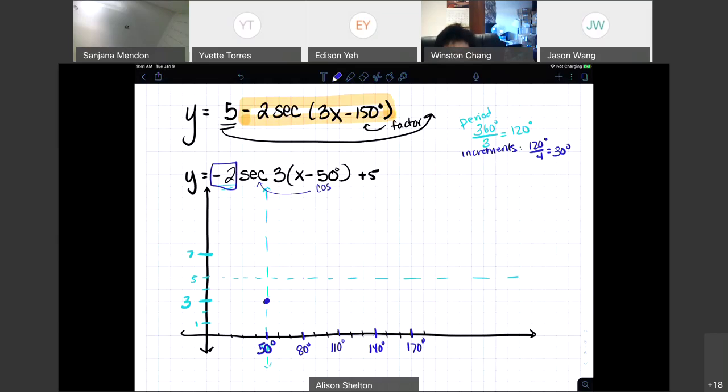We're going to be at 5 at 80 degrees. We're going to be up to our high point, 7, at 110, back to the midline at 140, and back to the low point at 170. And I'm doing a dotted line to represent the cosine graph.